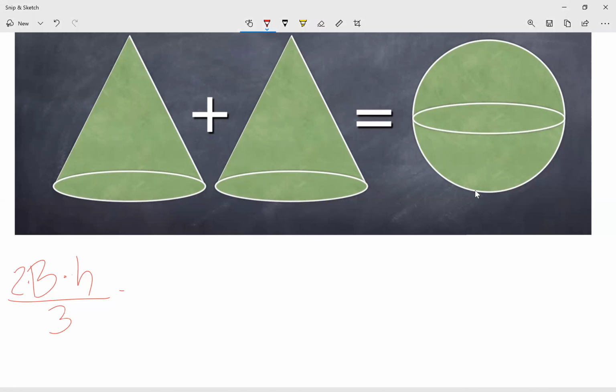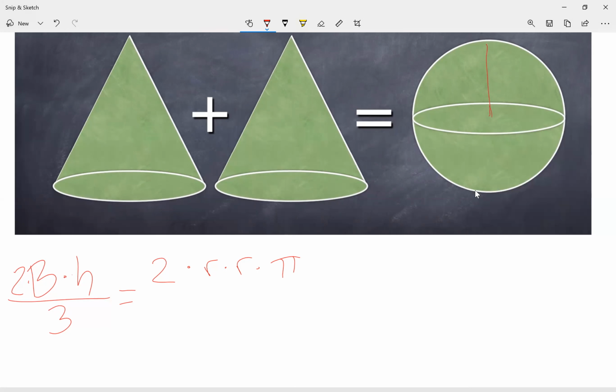Let me work this out a little more. I have a 2 on the top. Now the base is a circle, so I multiply by radius times radius times pi. That's the area of the base. And the height, interesting, was the height of the sphere.